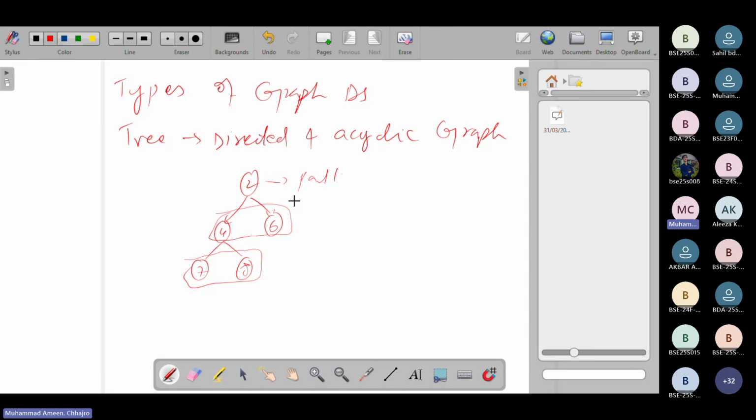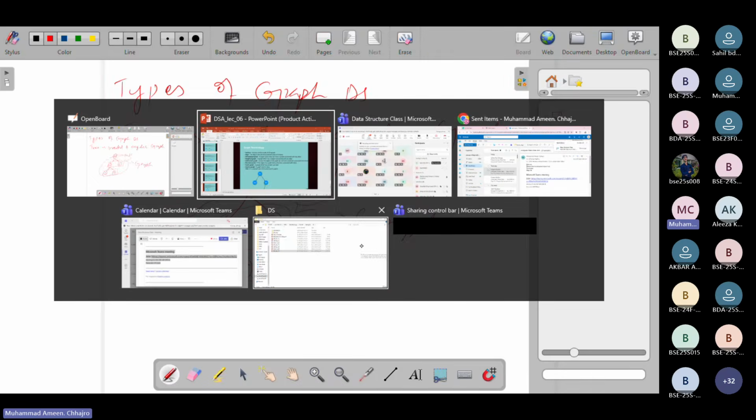Because that is somehow defining the relation. So that's why this is directed and acyclic. So the tree data structure is a special case of graph. But which graph? A graph that is directed and acyclic. So one of the good examples.